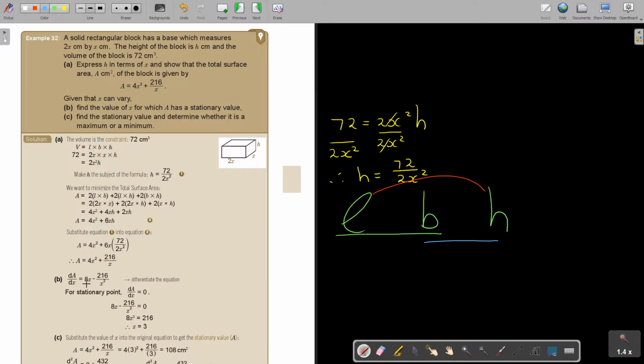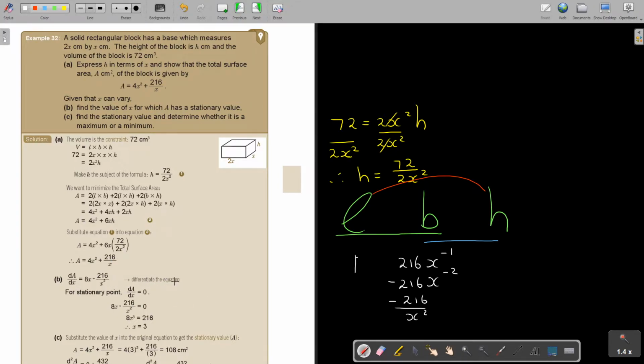If I differentiate 8x, and if I differentiate there, can I just work on that last term? It was 216, and if the x came up, it was -1. If you multiply, it's -216, and then it is x to the power negative 2. So it's negative 216 over x squared.